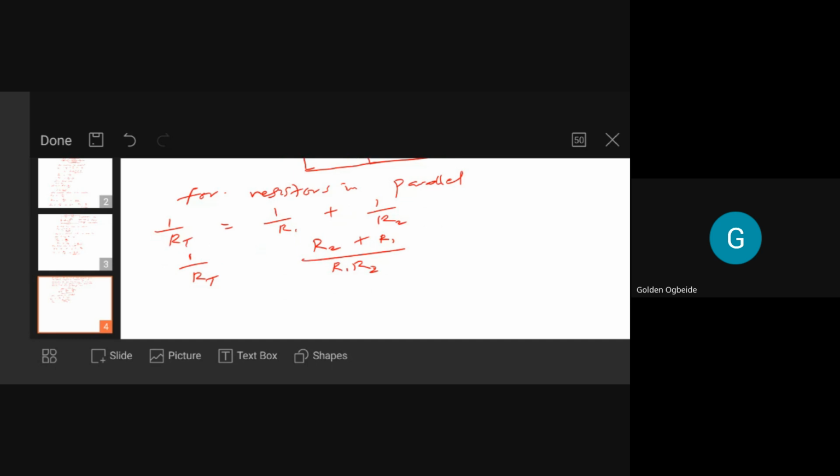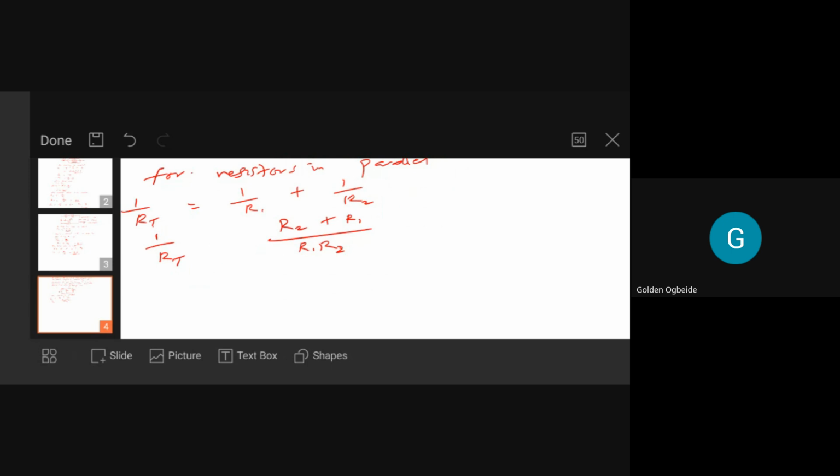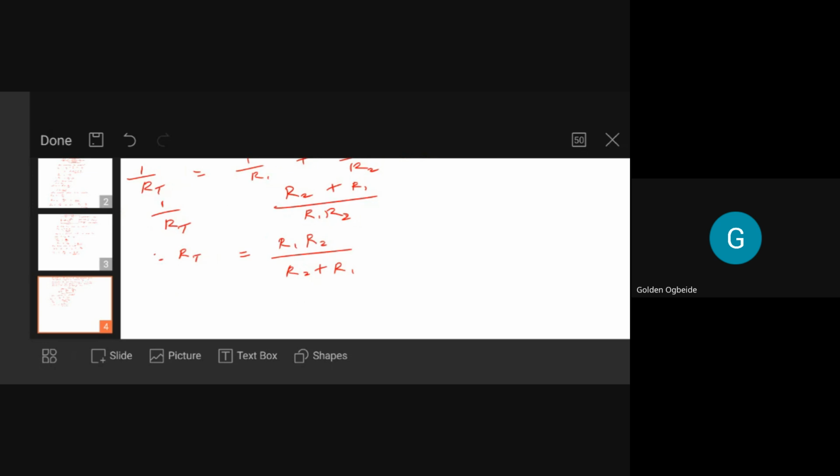Clearly, to get RT alone, RT becomes the inverse of this expression, which is R1 R2 divided by R2 plus R1. So this is the total resistance connected to the circuit.